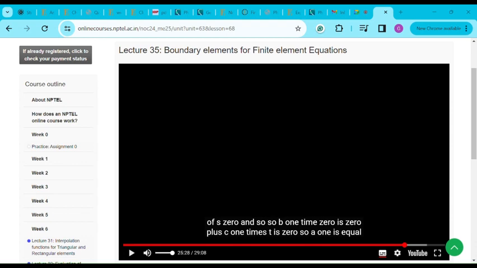If you remember psi 1, at least on the standard element, if this is your first node, it was 1 by 4 times 1 minus psi times 1 minus eta. So along this line, where psi is equal to plus 1, psi 1 will be 0.